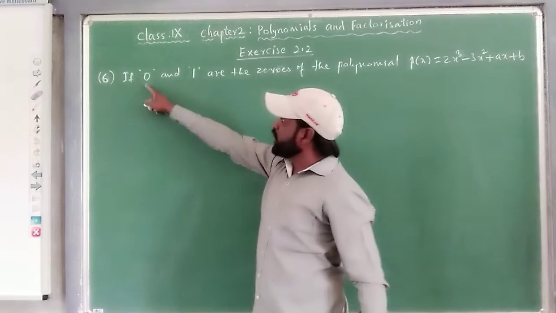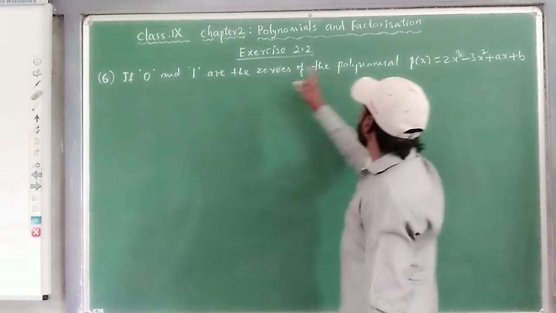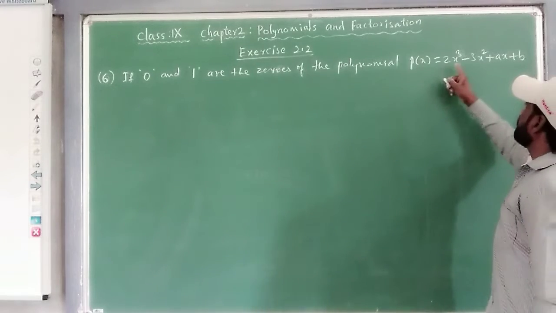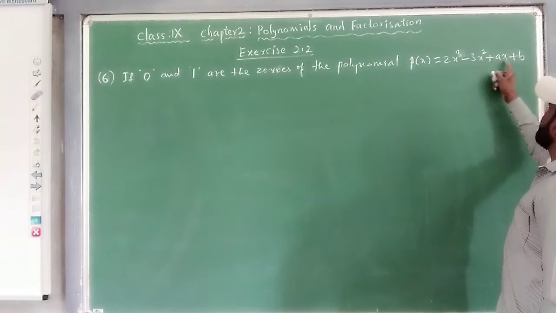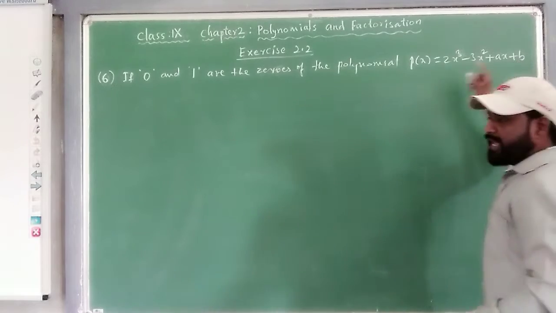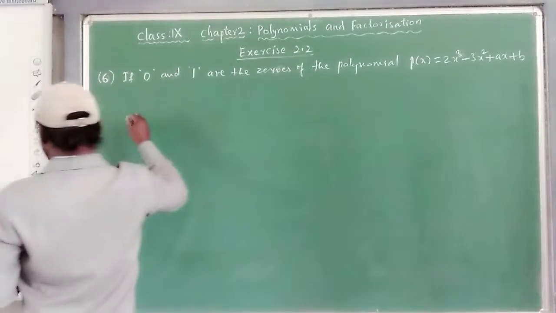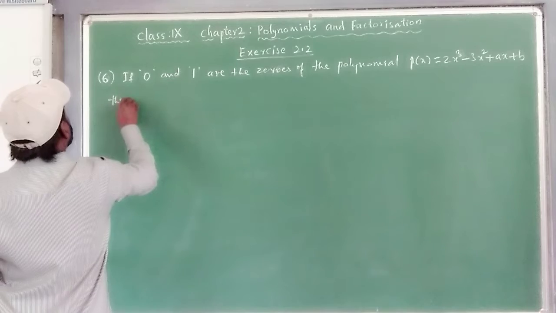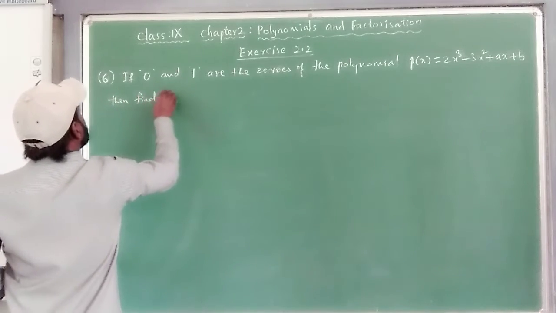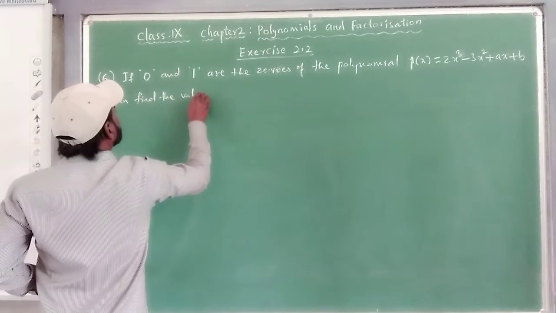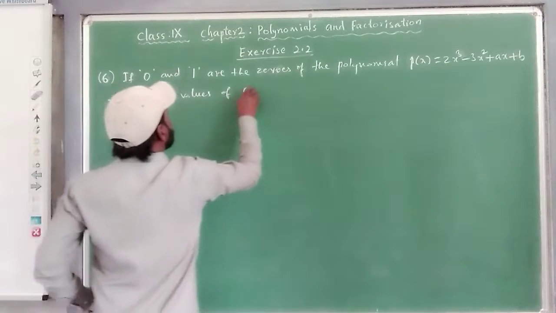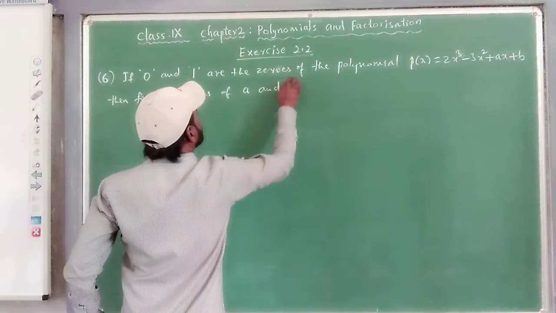So these two, 0 and 1, both are the zeros of this polynomial, 2x cube minus 3x square plus ax plus b. Then find the values of a and b.